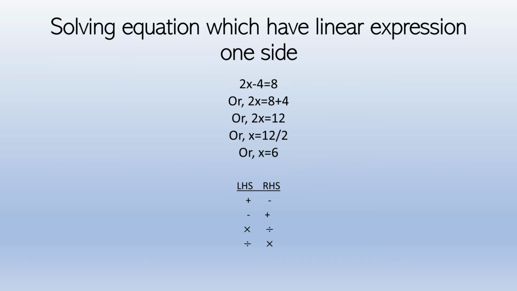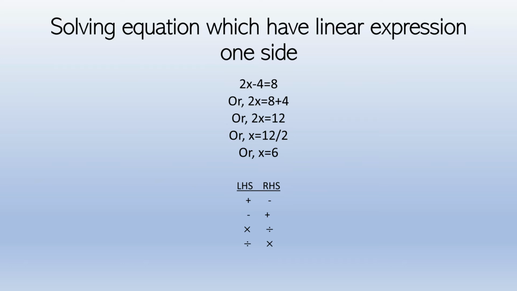And when we change the side of a constant term, we have to change its sign also. To change the sign, we follow these rules: plus will change to minus and vice versa, and the multiplication sign will change into the divide sign and vice versa. By following all these rules, we will solve the example.